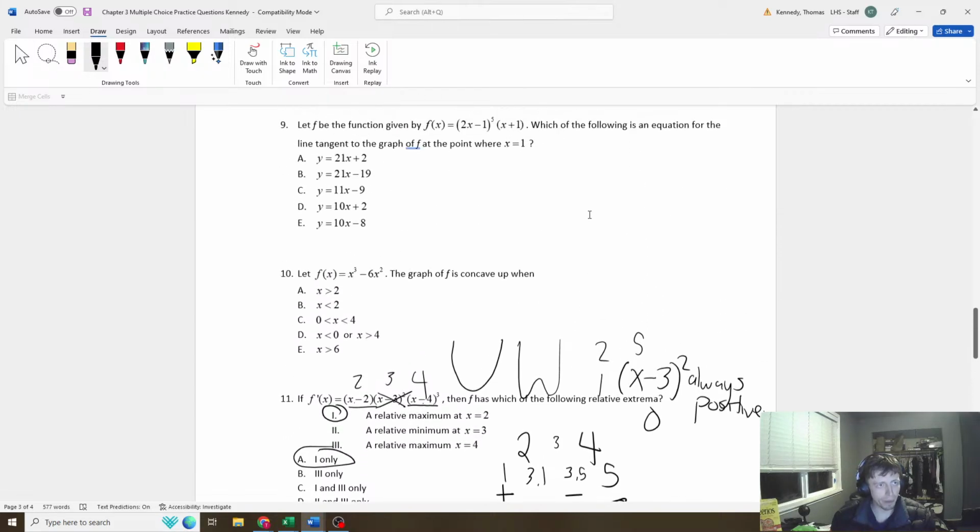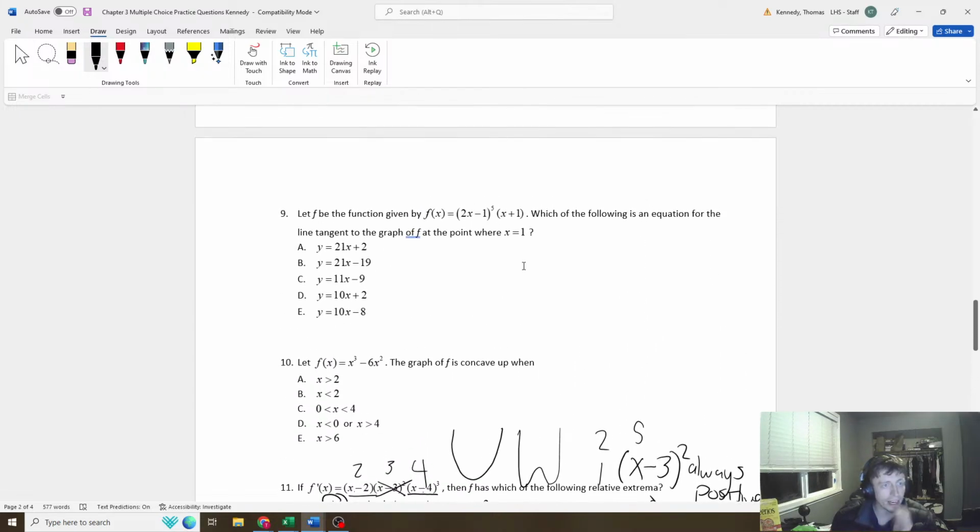Okay, so I'm gonna pop up to question 9 now. Which of the following is an equation for the line tangent? Anytime you see line tangent, there's 2 things you need to know to make a tangent line. You need a point and you need a slope.